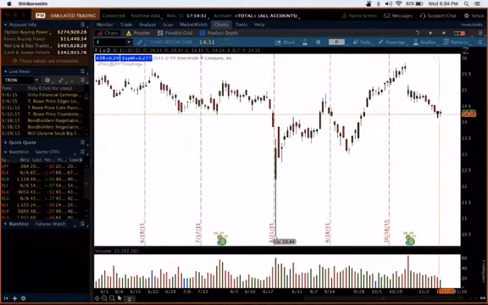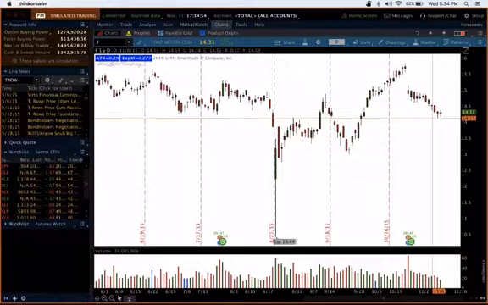So the candle low is 14.14. This candle high is 14.38. So I want to actually be a buyer above the high. And with some confirmation, I might go ahead and say, buy it for like 14.40. Don't spend more than 14.50. And then put in a stop loss down below.